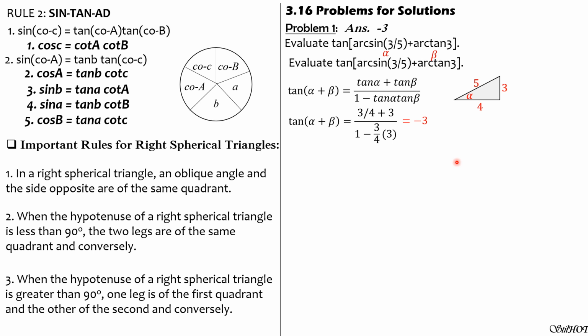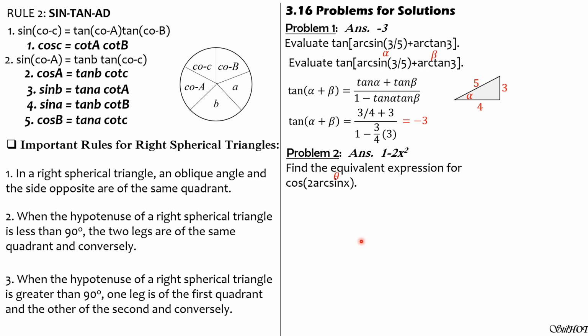Then the next problem, find the equivalent expression for cosine of 2 arcsine of x. So arcsine of x is an angle. If I denote that as theta, it's like finding the equivalent expression for cosine of 2 theta. And cosine of 2 theta, if you can remember, is cosine squared theta minus sine squared theta.